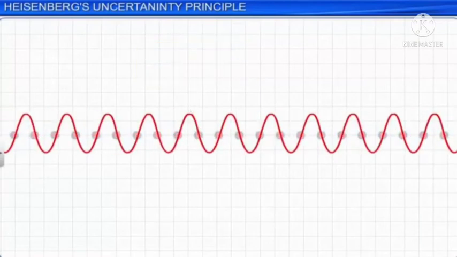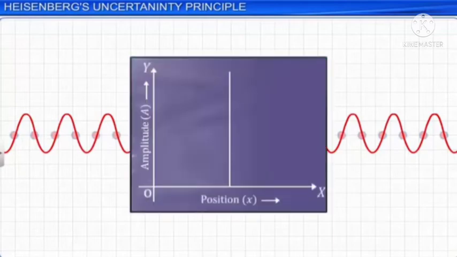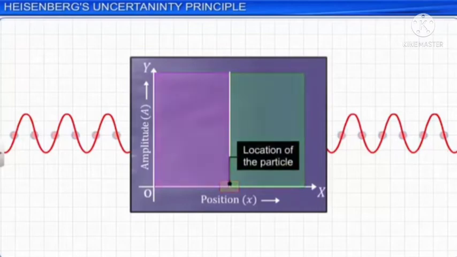If the position of a particle is well defined, that is, its position can be known exactly, then its wave function is a sharply peaked function where the amplitude A is represented on the y-axis. It is important to note that the wave function has zero amplitude everywhere else, except at the location of the particle.